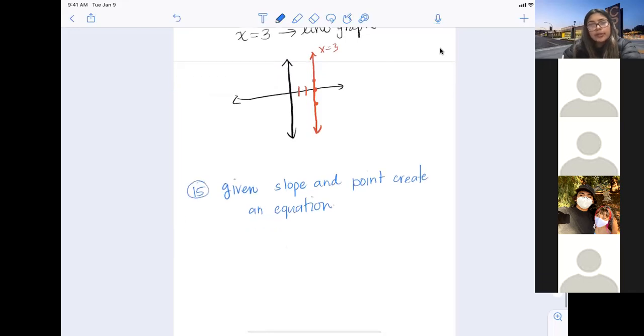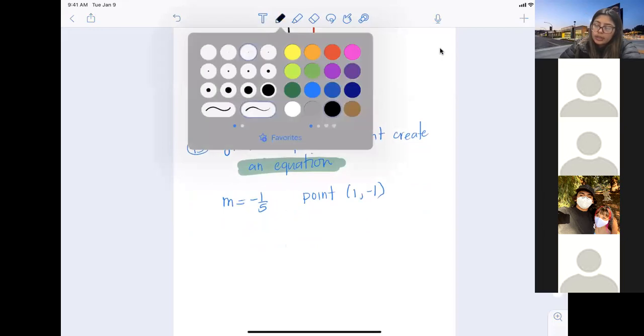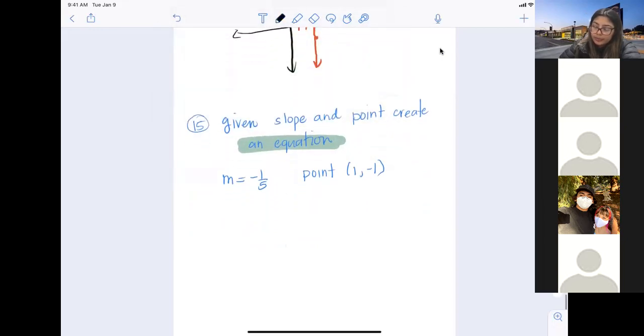So in this case, what happens if I have m, my slope, to be negative 1/5 and my point to be (1, -1)? Well, we need to find an equation for that. To find an equation, well, we want to start with the point. We use the point-slope form.